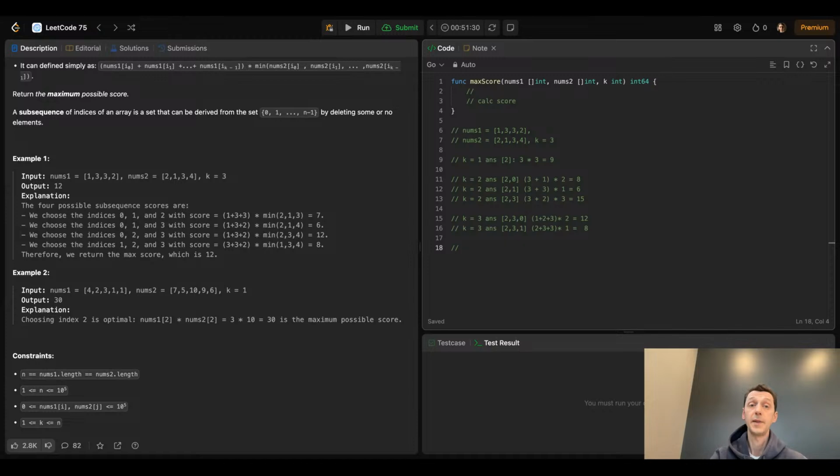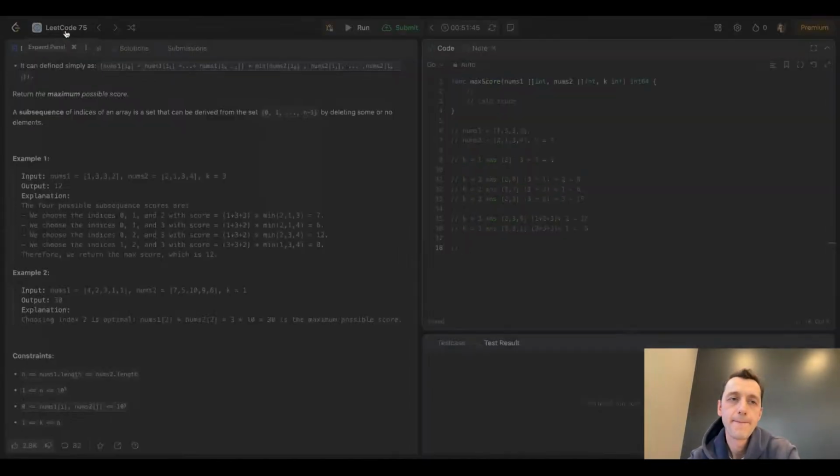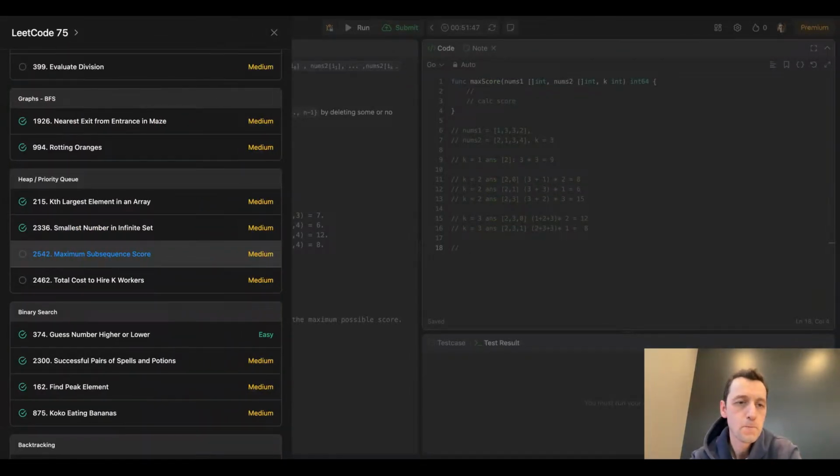Anyways, we're reaching the hour, and I'm still trying to find the solution here. Total score cost to hire K workers.